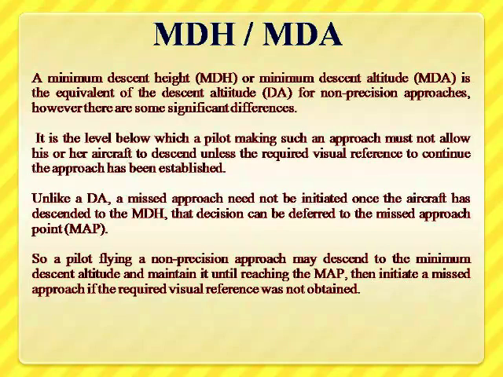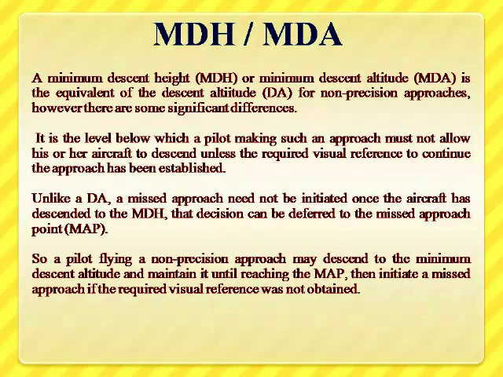It is a level below which a pilot making such an approach must not allow his or her aircraft to descend unless the required visual reference to continue the approach has been established. That means the pilot can come down to a particular height above the ground. That is what we have, minimum descent height, below which he will not be permitted to come down.